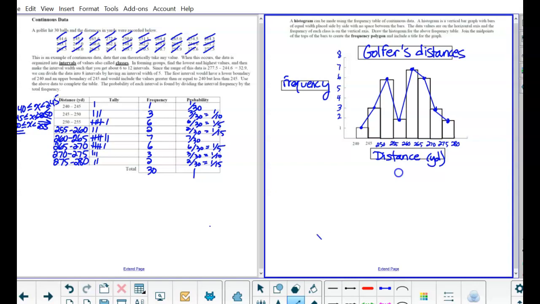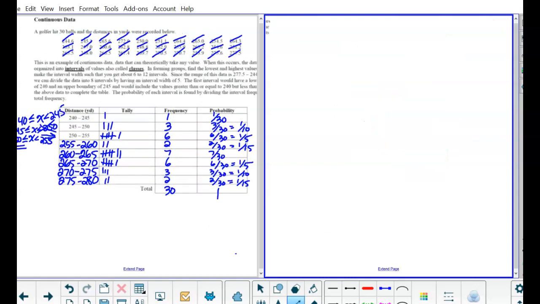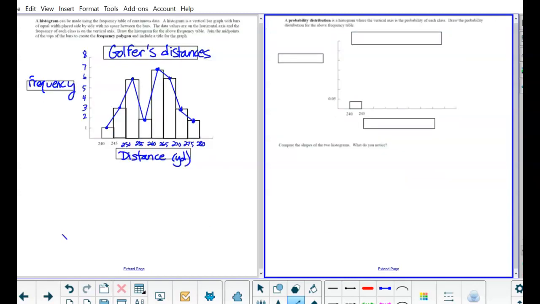Then, for probability distribution, okay, so that is a histogram where the vertical axis is the probability of each class. It asks you to draw it here. Okay, I'm going to leave this for you to do. Notice that this axis will be the same, and this is going to be distances, yards.